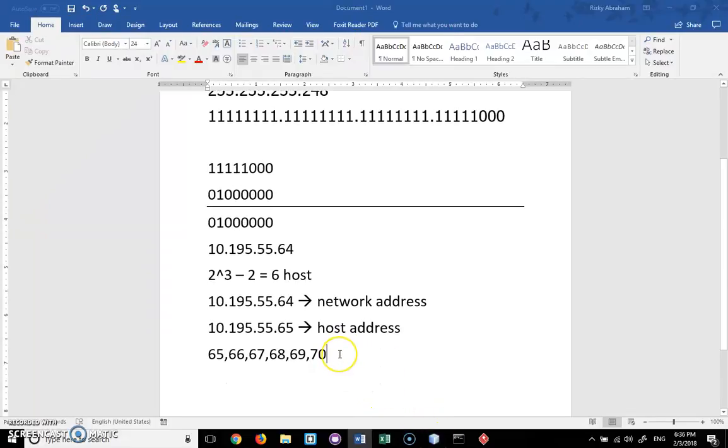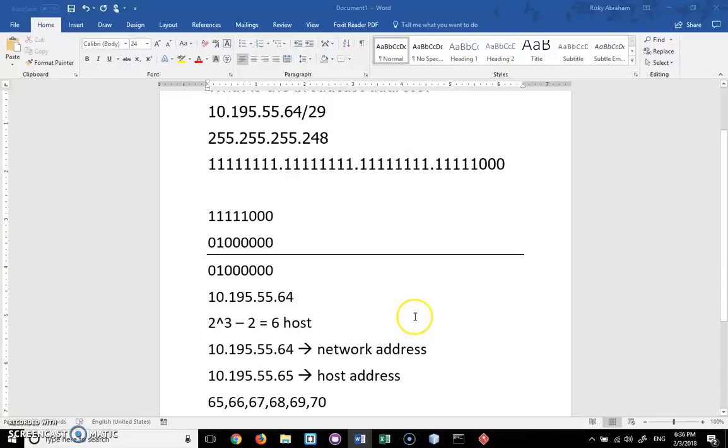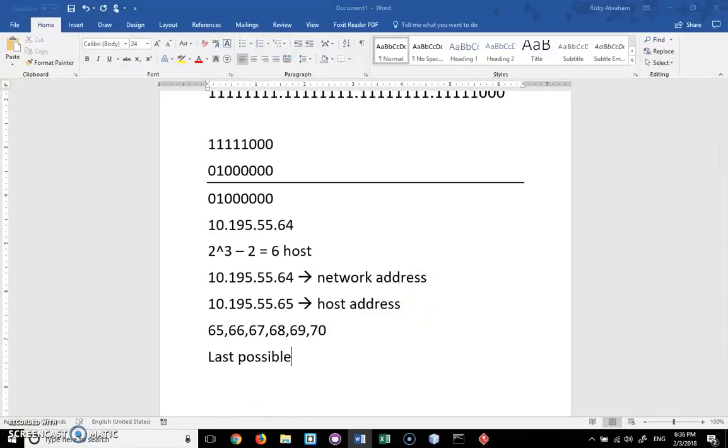So the last possible host address would be 10.195.55.70.